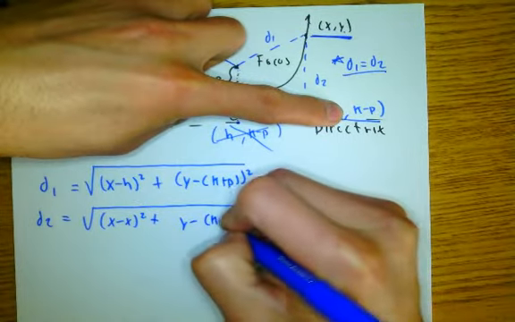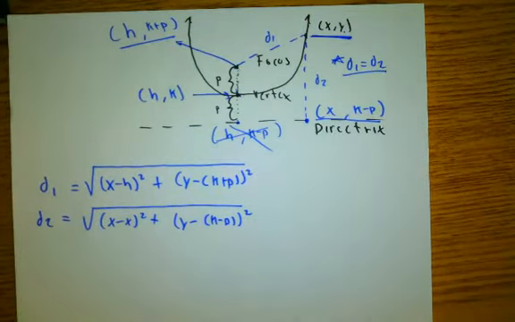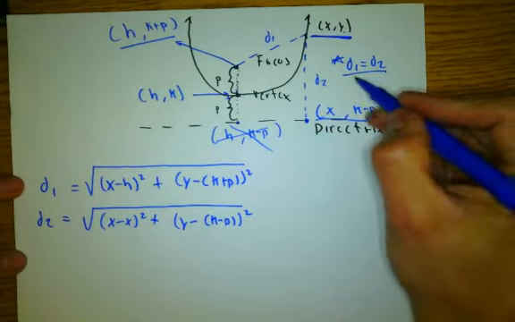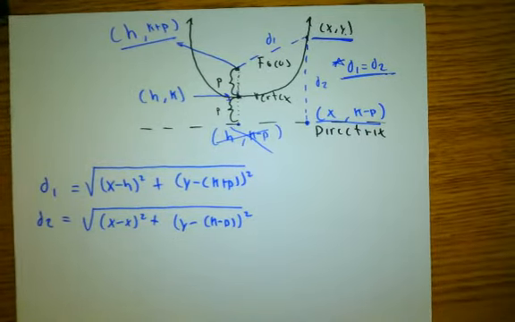Yes. No problem. Cool? Alright. I have these two expressions, but according to what I'm trying to prove, and we already know according to the definition, D1 and D2 are the same. So I need to set them equal to each other. Before I do so, can I simplify D2? We can do a lot to D2.